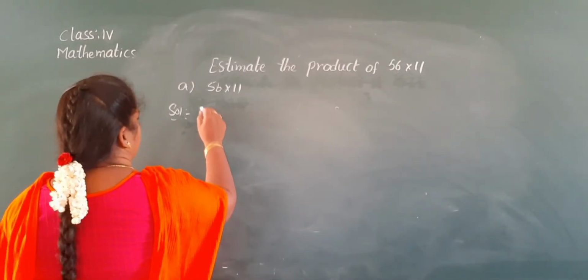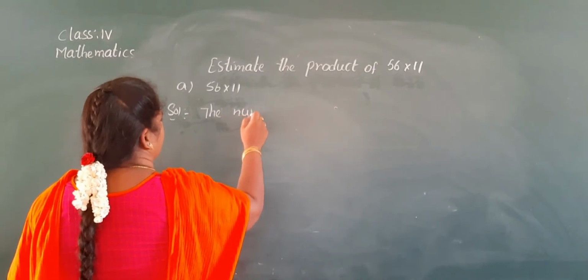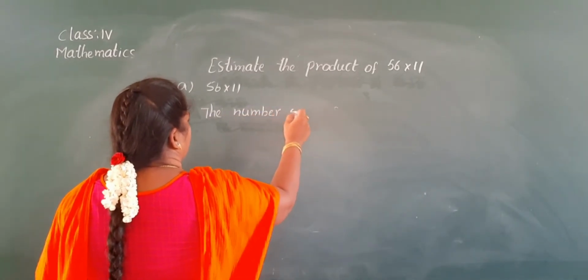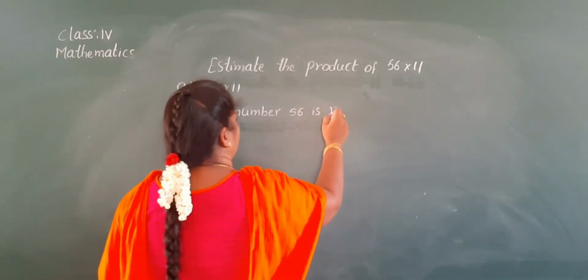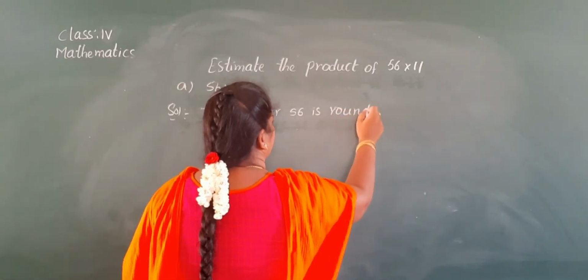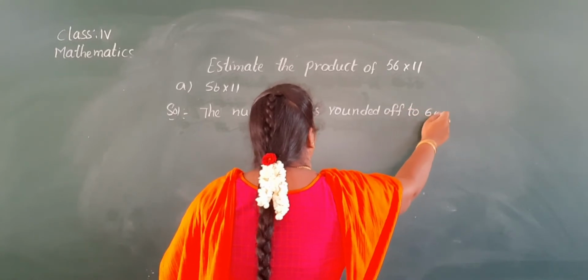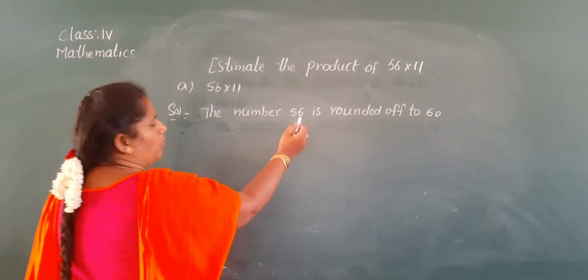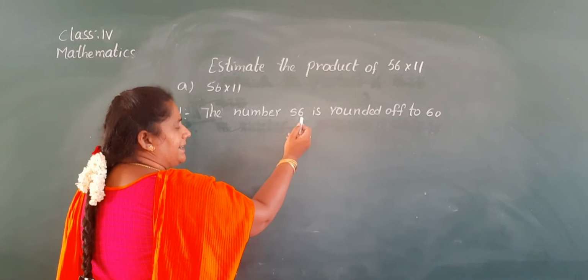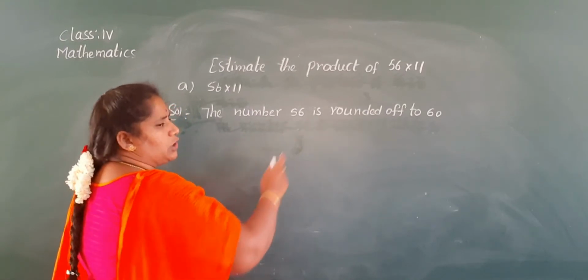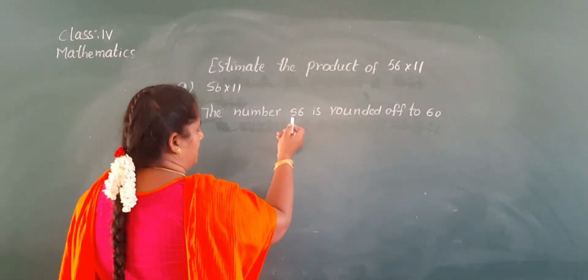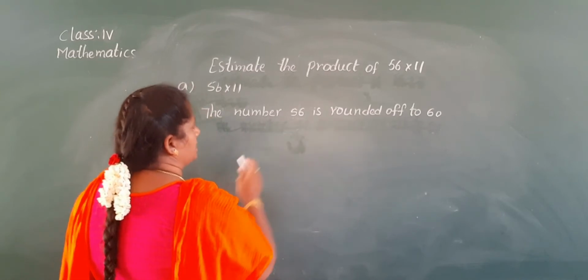The number 56 is rounded off to 60. Why, children? The digit in the ones place is 6, which is greater than 5. So you add 1 to the tens place and keep 0 in the ones place.